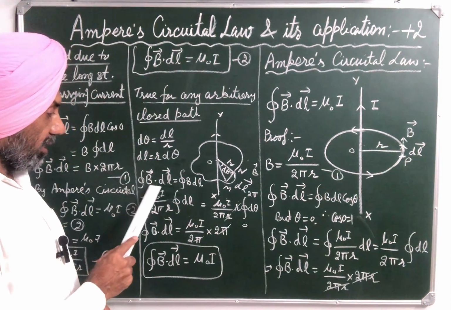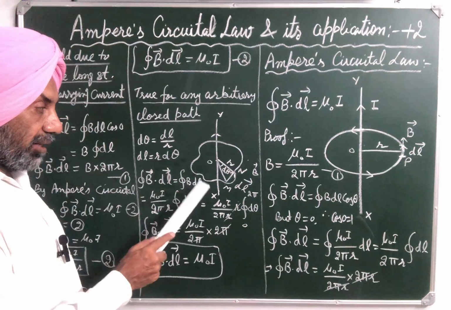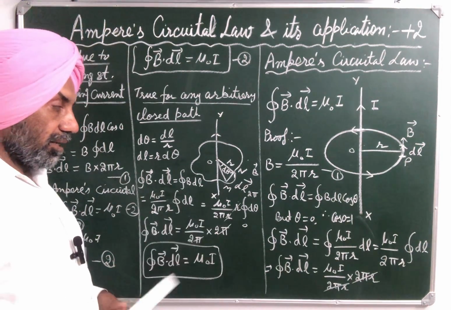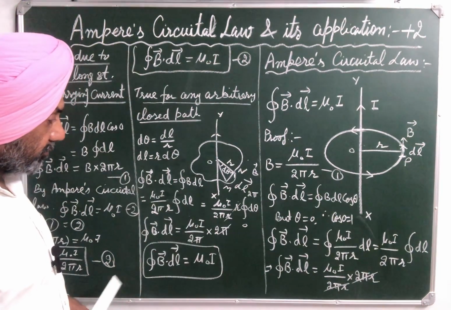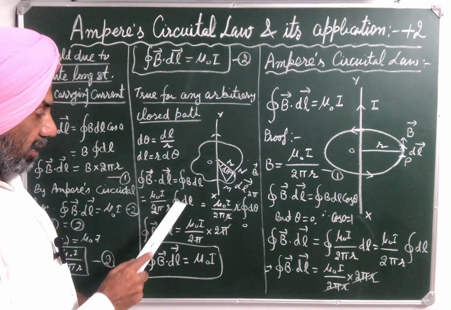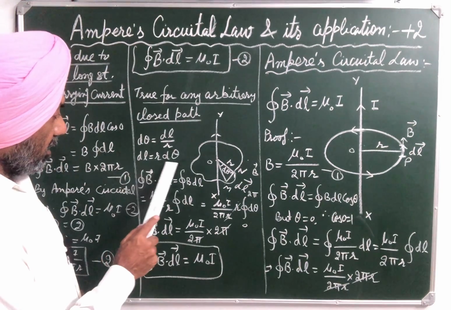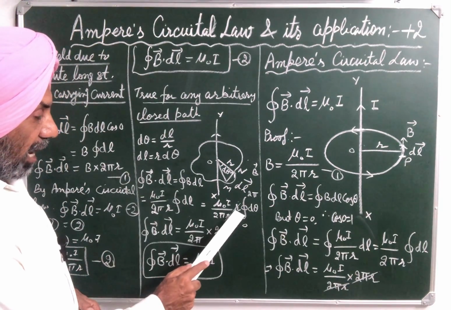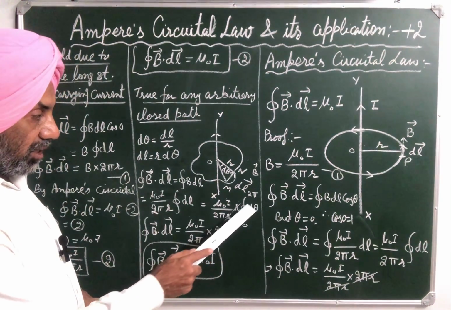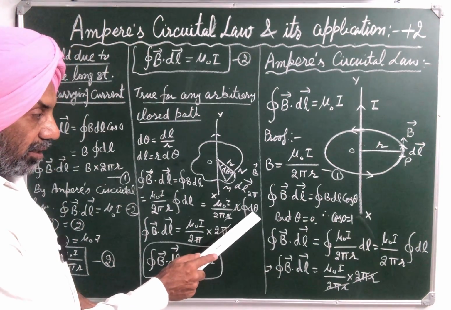Therefore the line integral B dot dl over the closed path is equal to the line integral of B dl cos 0. Cos 0 is again 1 here, or mu naught I by 2 pi r integral dl over the closed path. Now for dl we put the value r d theta, r can be taken outside the integration, so it will be the closed line integral of d theta.